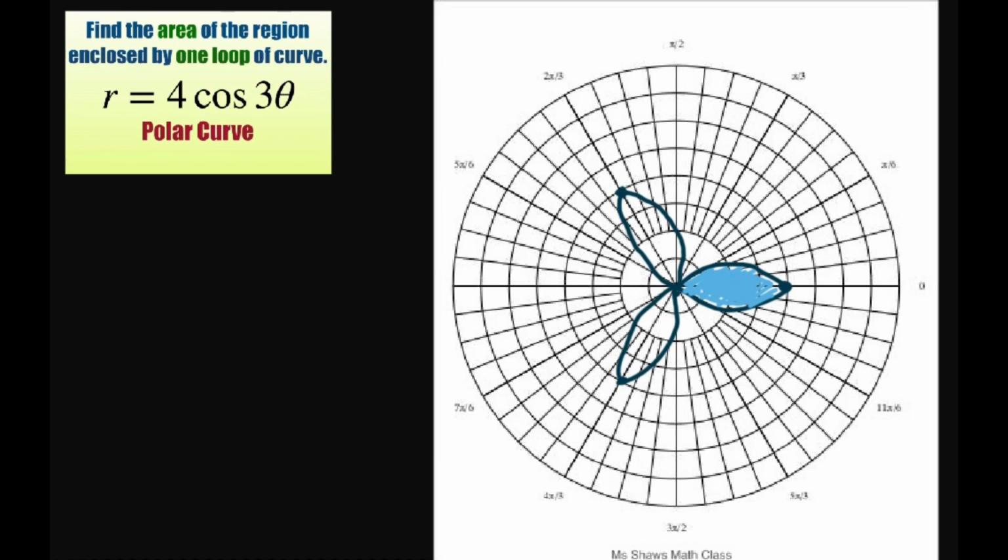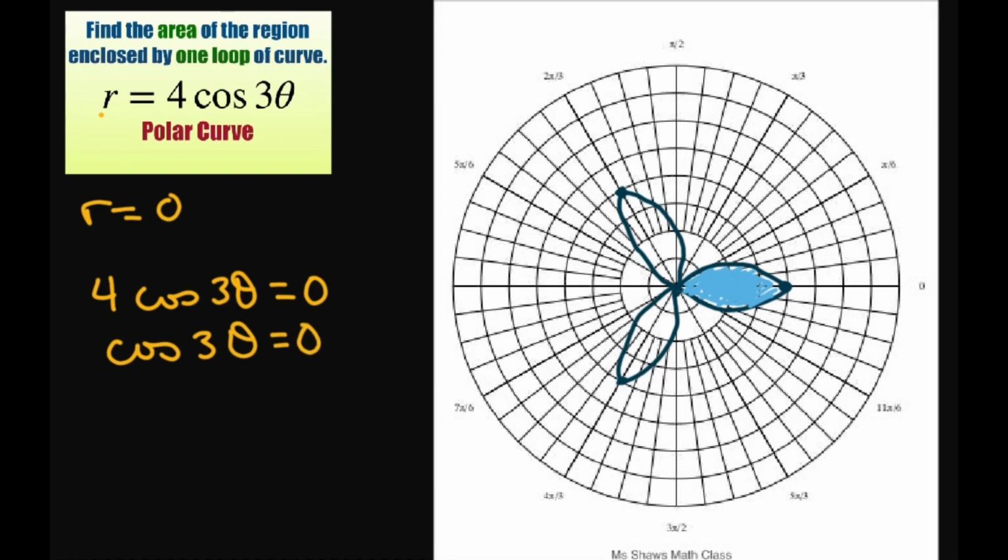And so we know that the curve passes through the pole when r equals 0. So let's set r equals 0, and we have 4 cosine of 3 theta equals 0. Divide both sides by 4, you get cosine of 3 theta equals 0.